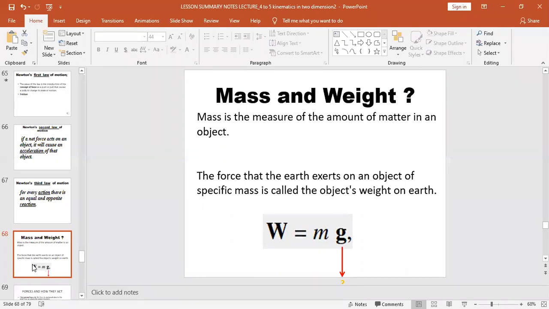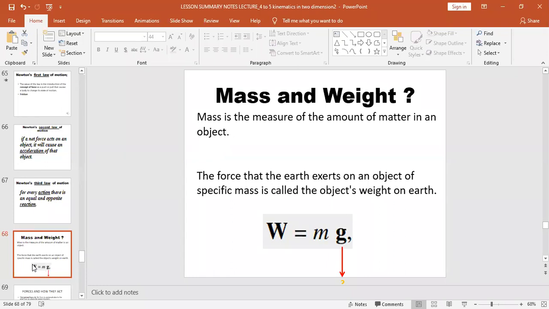So if you even take the pen to the moon, the pen will still remain as what? A pen. But the weight of the object is influenced by the gravitational force, so the weight of the pen on Earth will be different from the weight on the moon.